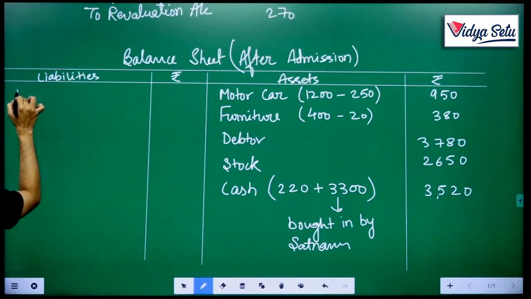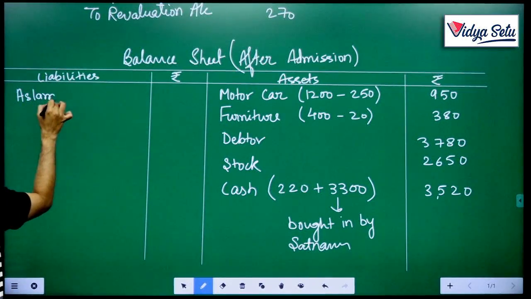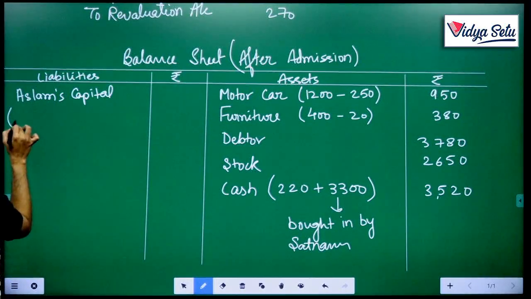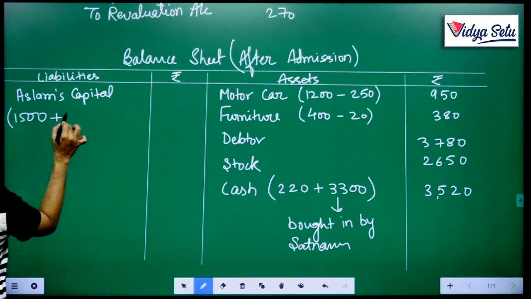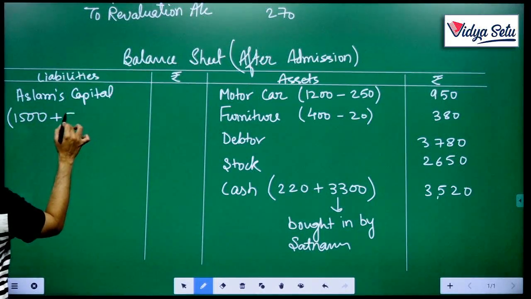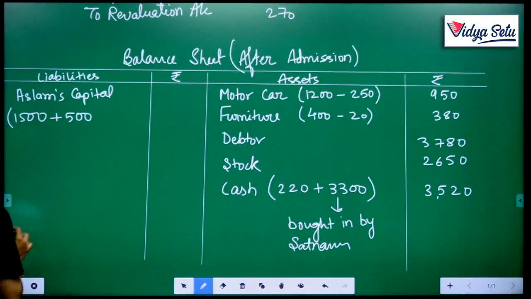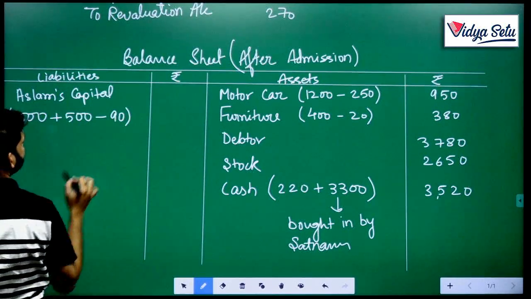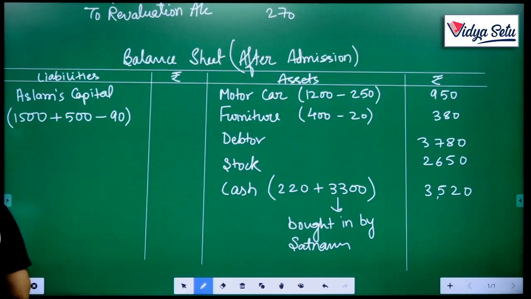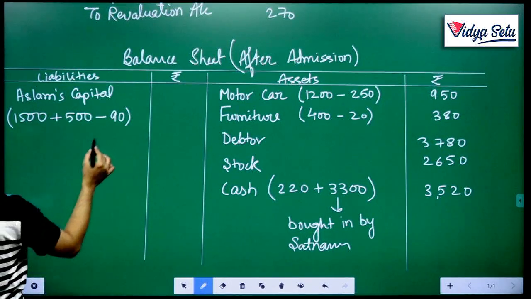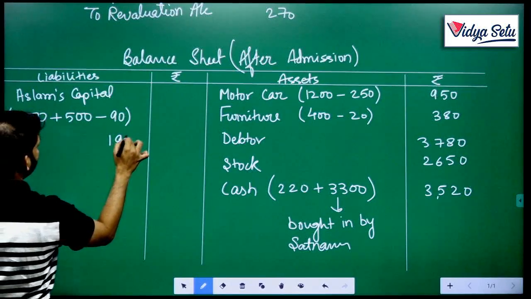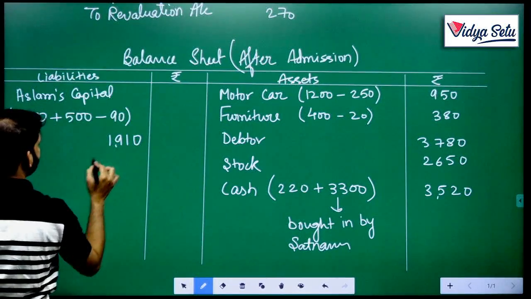So Aslam's capital, it was earlier 1500, then he got rupees 500 for goodwill, but revaluation loss 90. So 2000 minus 90, that comes to 1910.